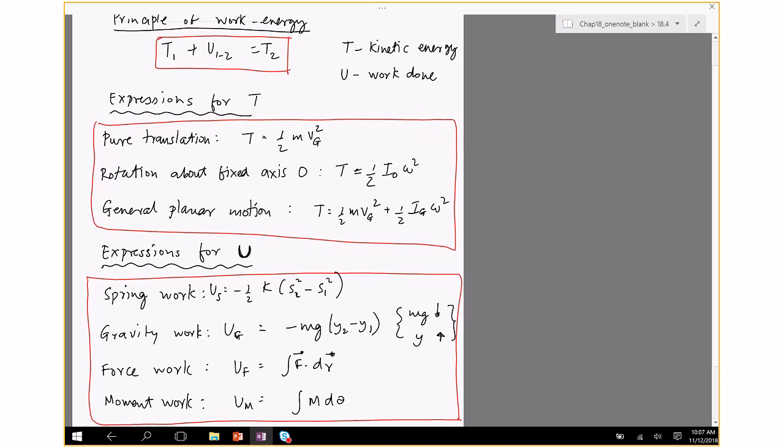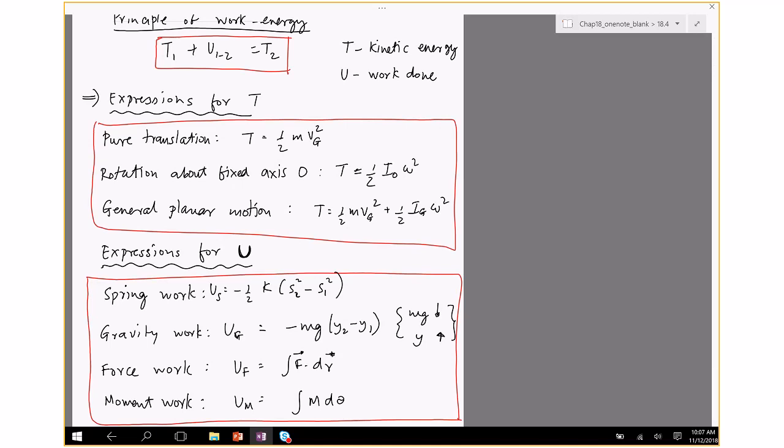Okay, this is probably the only thing which is new when compared to chapter 14, that is the expressions for the kinetic energy. A particle can only translate, while a rigid body can translate as well as rotate. So these expressions for the kinetic energy are specific to those three cases we've talked about in the previous chapter on dynamics or equations of motion.